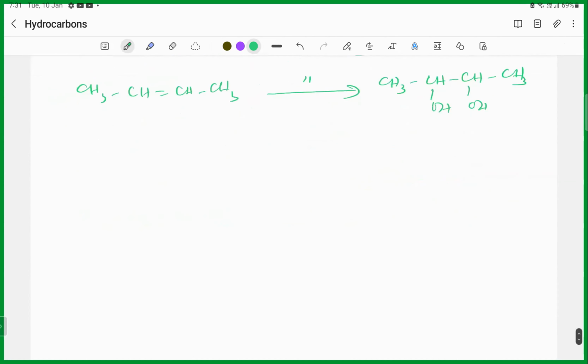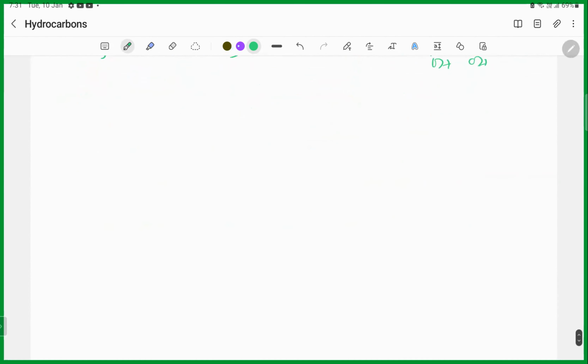And then with acidic KMnO4 or hot KMnO4. The above one is basic. Now if you are using acidic, what will you get?